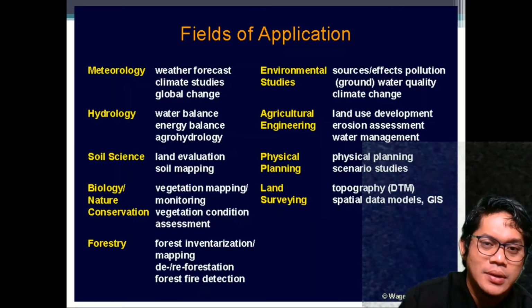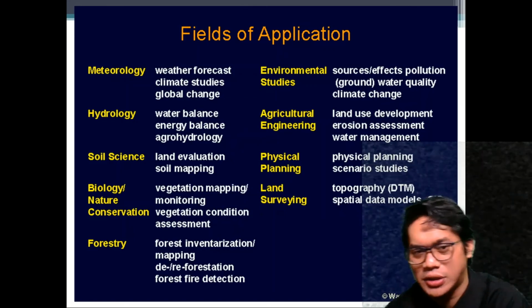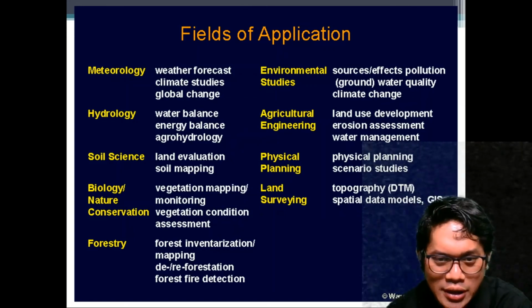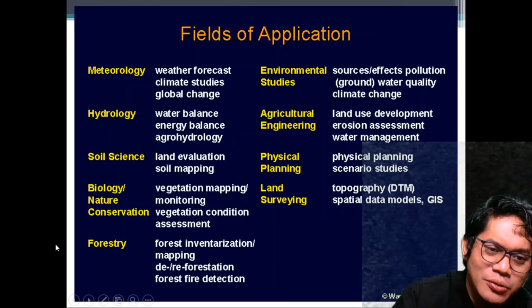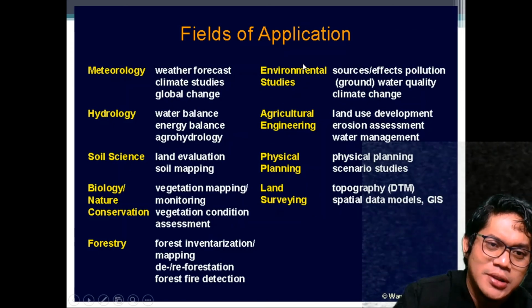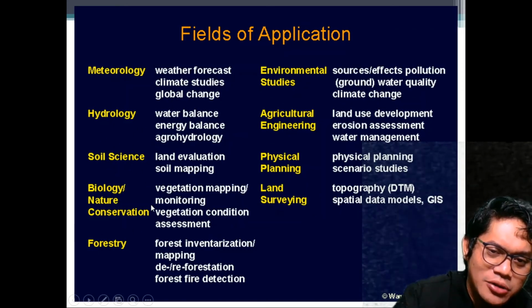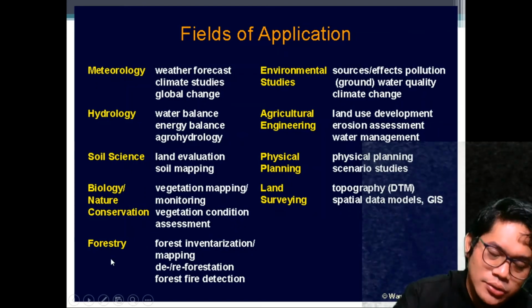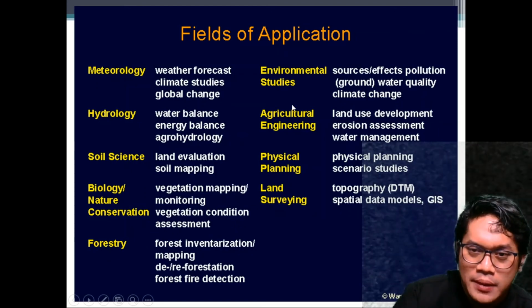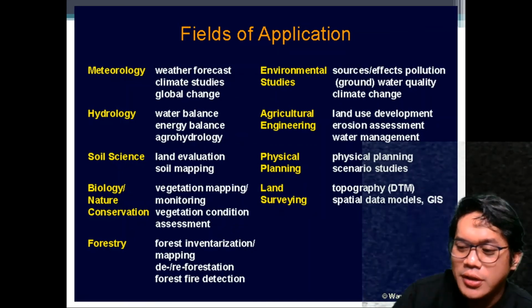So what kind of field applications can use remote sensing? It's a lot actually: meteorology, hydrology, and more. When we talk about SLUs, we talk about environmental studies, hydrology, soil science, biology, nature conservation, forestry, so almost all of them. Maybe social science will not use it.